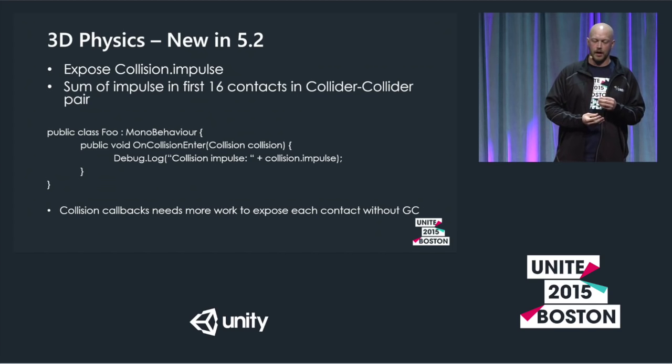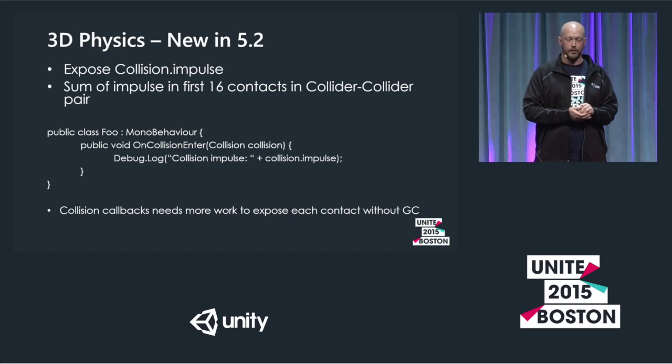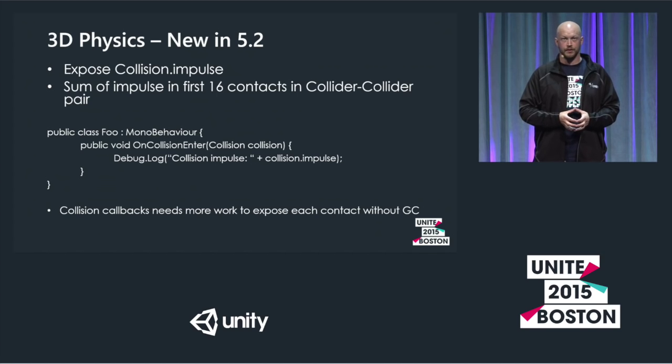We don't yet expose each contact individually. We know people would like to have every contact available on the scripting side to inspect themselves. Of course, collision.contacts is available already. You can go and read it. But there are a lot of garbage collection issues with it, which causes people to not use it at all, which is of course an unhappy thing.